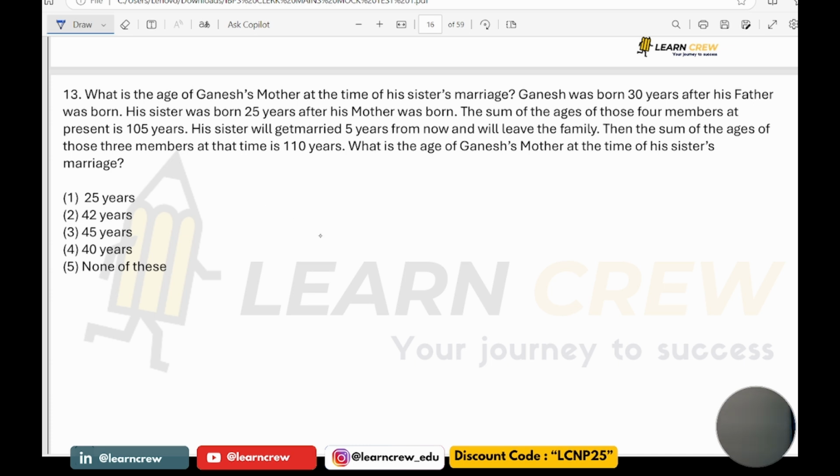So if you see here, if the father's age is x, Ganesh's age would be x minus 30. And if the mother's age is y, then the sister's age would be y minus 25. So x plus y plus x minus 30 plus y minus 25, this total is 105.